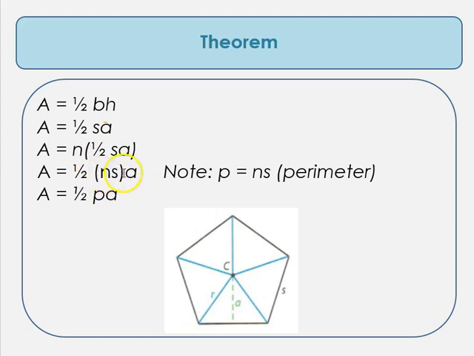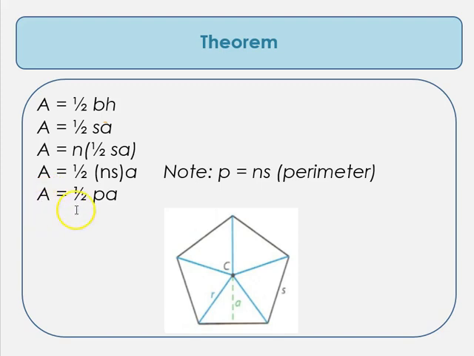And why are we doing this? Because way back when you learned a perimeter formula, and that was perimeter equals number of sides times the side length. What you're doing is basically saying 1/2 the perimeter of each triangle times its apothem, or 1/2 the perimeter of the polygon now times the apothem.